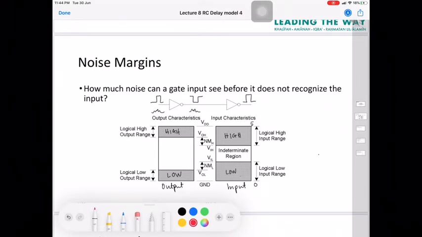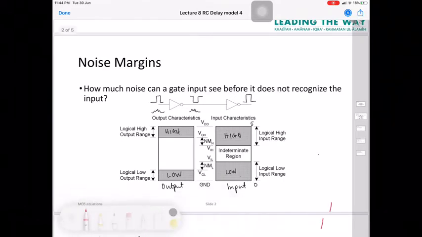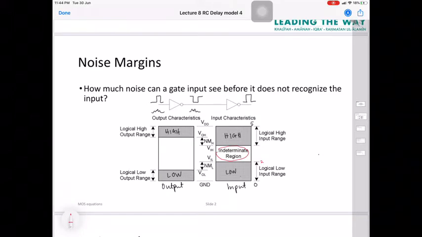Okay, so let's see here. If you have an input range of between 0 to 5, we want to minimize this indeterminate region. Let's say our range here is 2 volts, and this is 3 volts. So there is only 1 volt which is indeterminate. For other voltages, for example, if you receive 0, 0.5, 1.5, all of these values, when it goes through the inverter, will produce a high output.